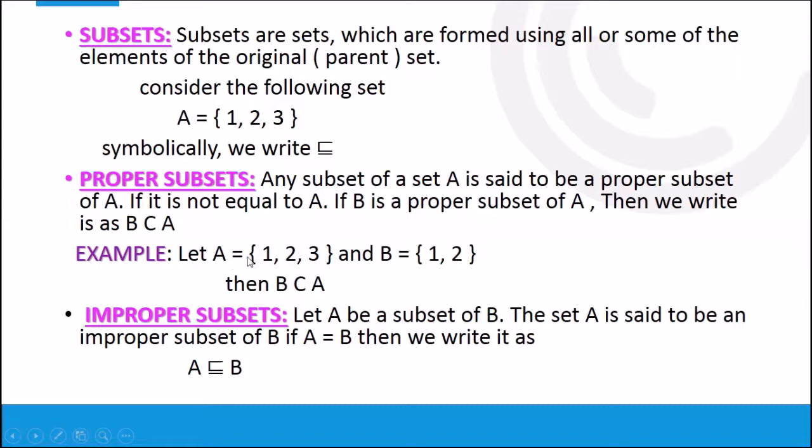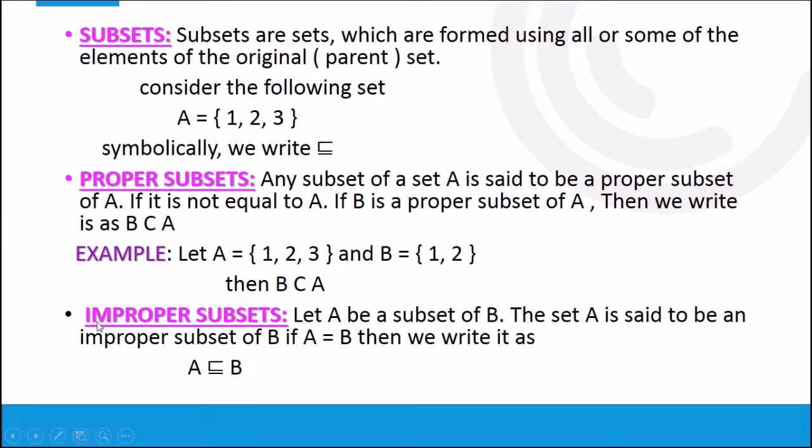Let A is equal to {1, 2, 3} and B is equal to {1, 2}. Please students tell me, can you find 1 and 2 in set A? Definitely yes, because 1 and 2 are present in set A. So that is why B is a proper subset of A.